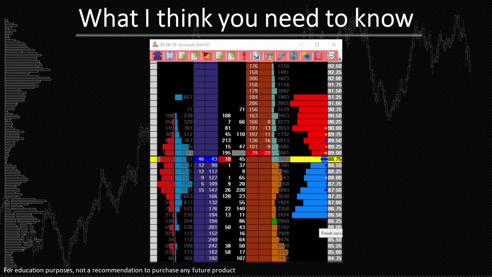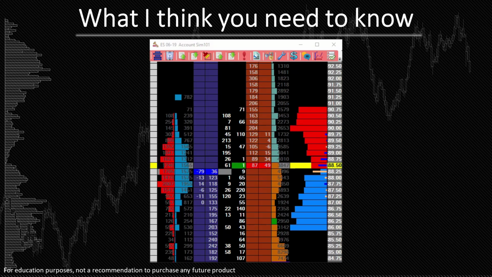Okay, here we are. We're watching what's called a level 2. This is from Jigsaw, and basically what it's showing you is volume traded at price.